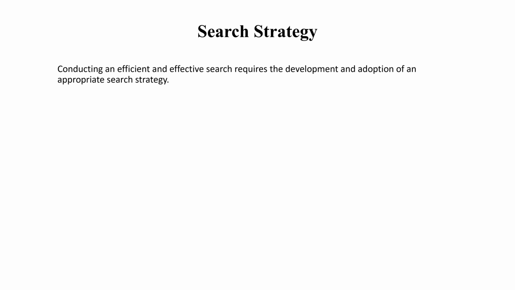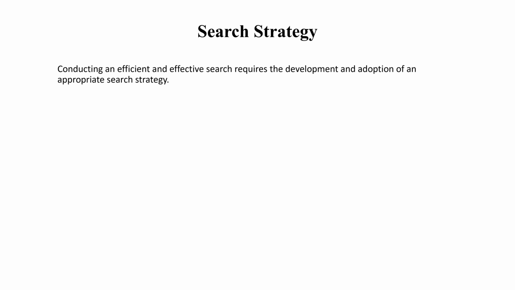Now, next, for conducting an efficient and effective search in any database, adoption of an appropriate search strategy is very essential. A search strategy is a planned and systematic approach for conducting a search.